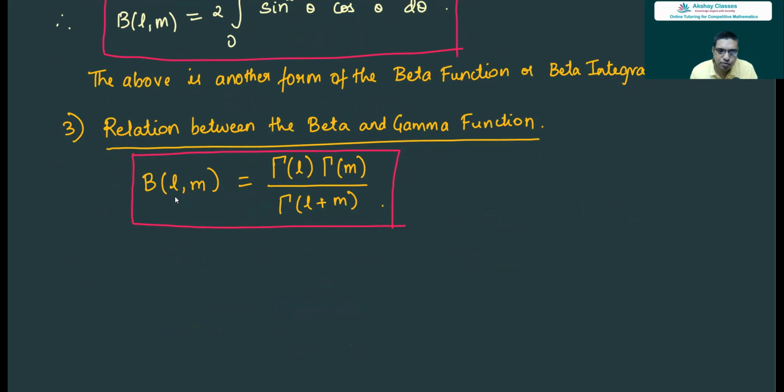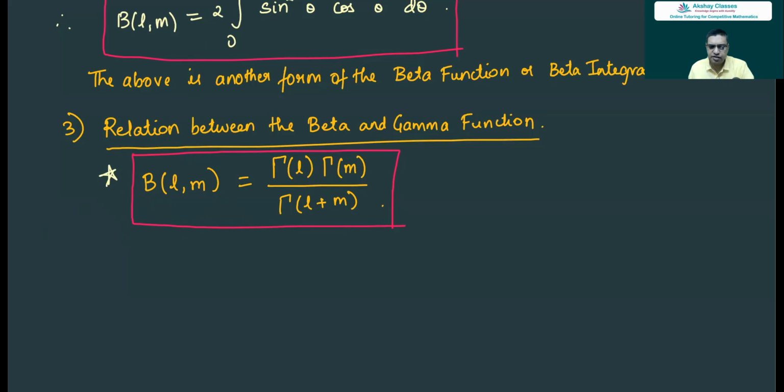Wallis formula actually is derived from this relationship between beta and gamma function. I will go through this, not the proof part of it, but this has a use. This relationship has a use, and we get problems directly based on the result coming from this formula.